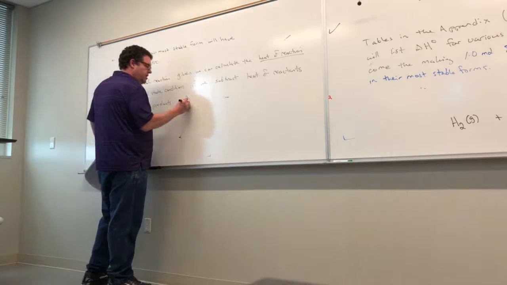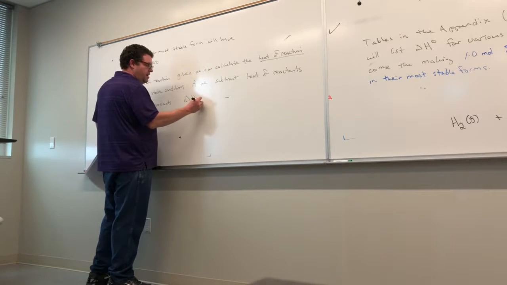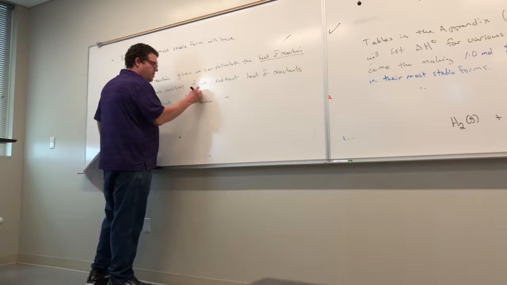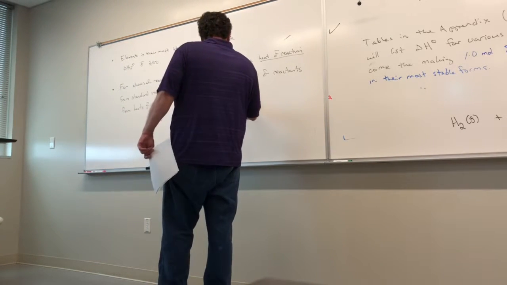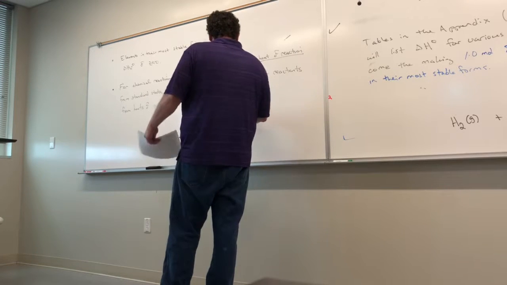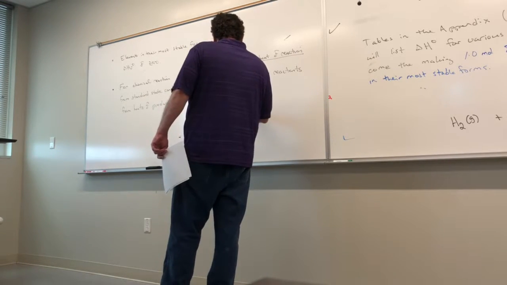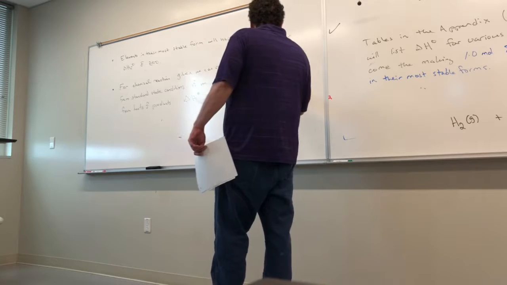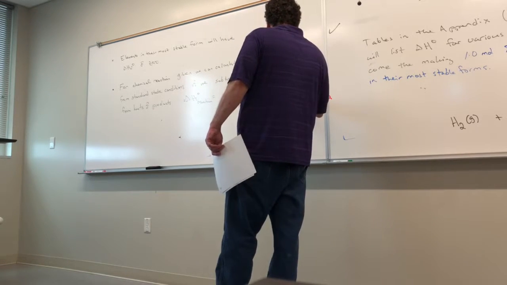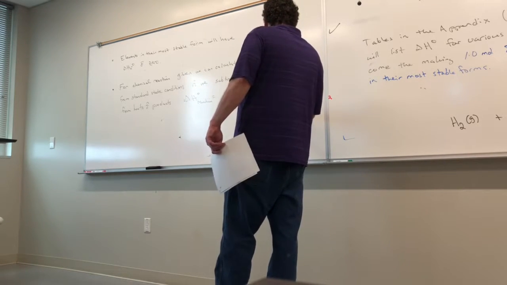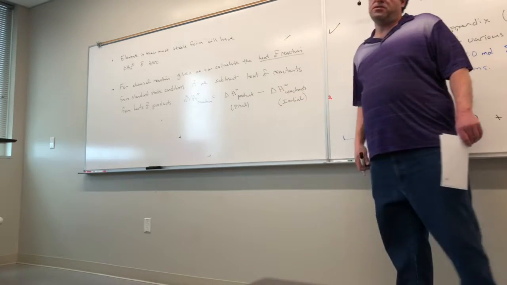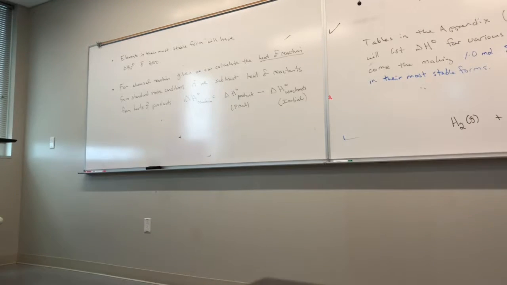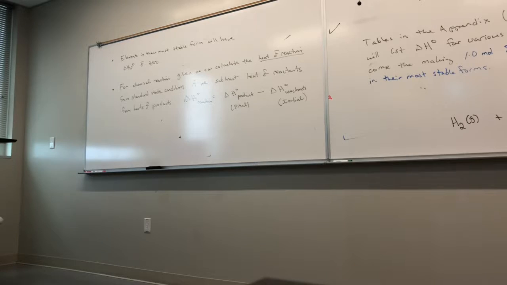In other words, to calculate the overall heat of a reaction, all you have to do is take whatever the heat of your product is, that's like your final, and subtract whatever the heat is of your reactants. That's your initial. And the difference should be the heat that's either needed or given off. Is it exothermic? Is it endothermic?